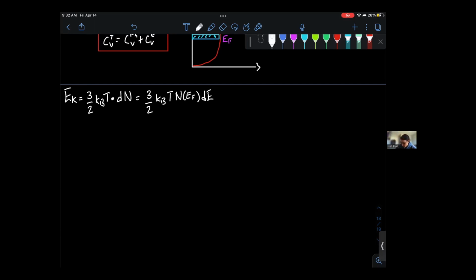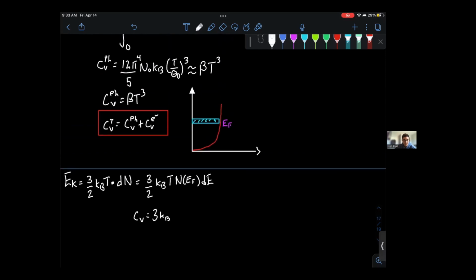Now, if we were to take the derivative of this with respect to t, we would get Cv is equal to 3 Boltzmann constant. Sorry, this is my mistake. Going back to the kinetic energy, we get kB squared T squared. This is because, going back to this Dn, we're turning this dE term into our thermal energy term.